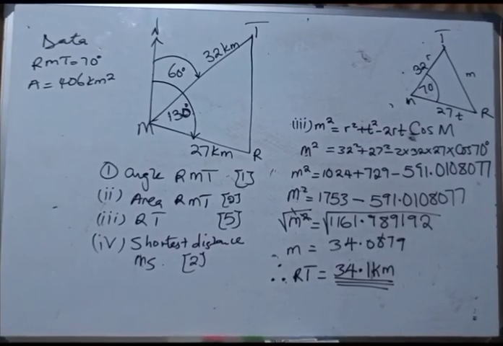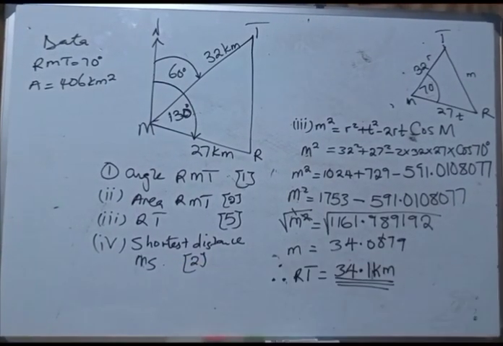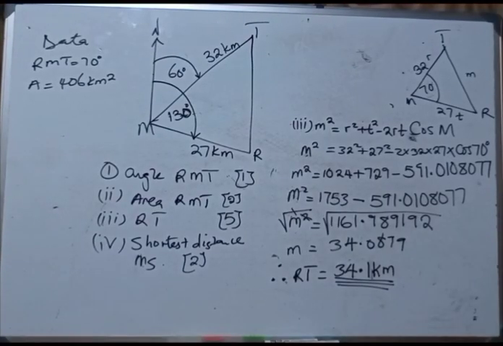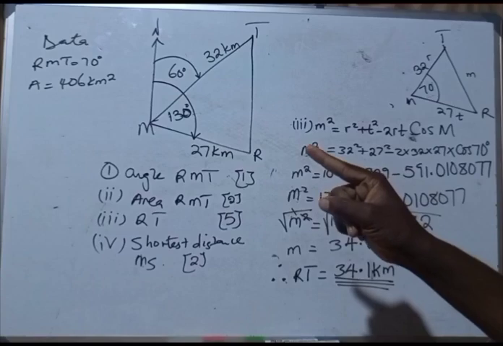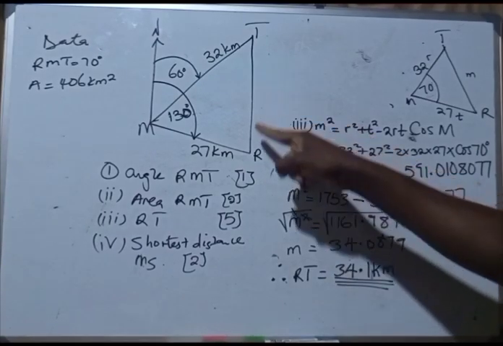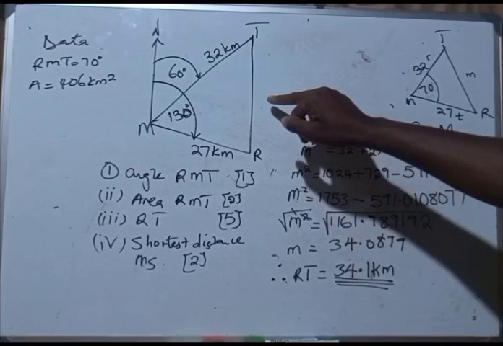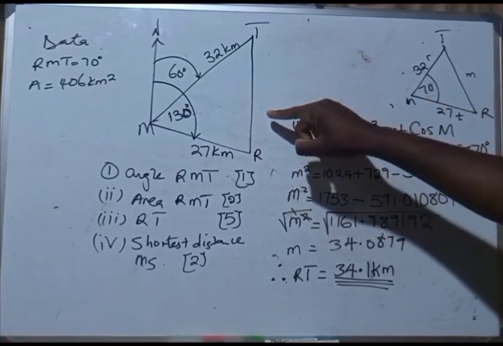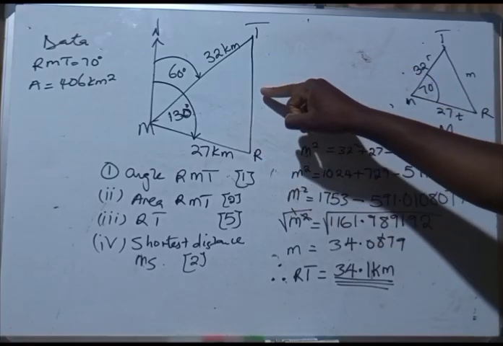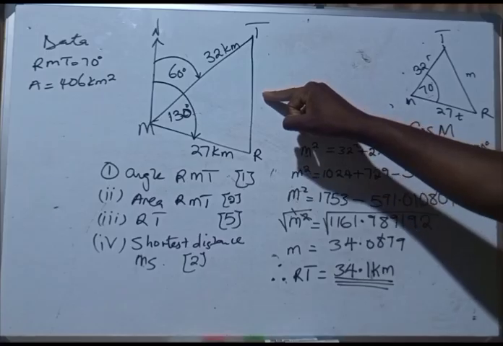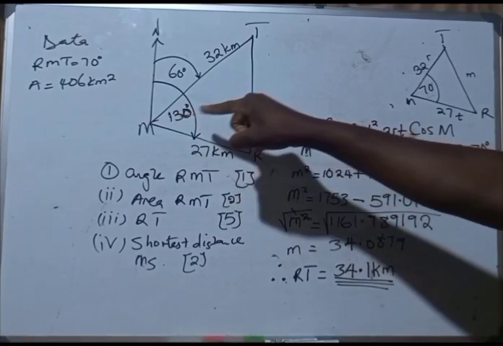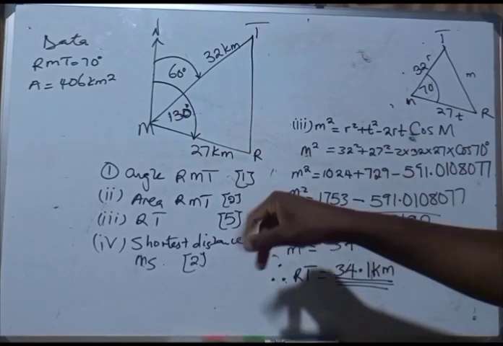We now go to the last question, which says we find the shortest distance, MS. Now, there is MS. According to the statement, something has been constructed along RT, and it will be the shortest distance from M to meet RT.